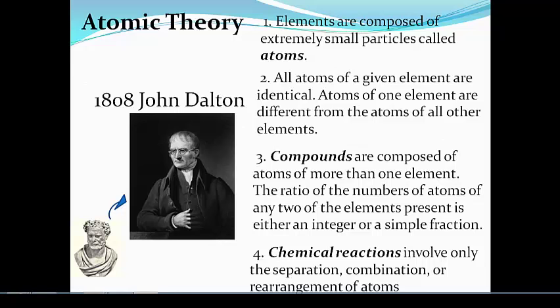Now, before I start going into all these words that you see on the screen, I want to talk about Democritus. Democritus is this guy right over here, and he was a 5th century BC Greek philosopher. Super smart guy. And he was the one who actually came up with the word atomos, which I believe I mentioned in class.